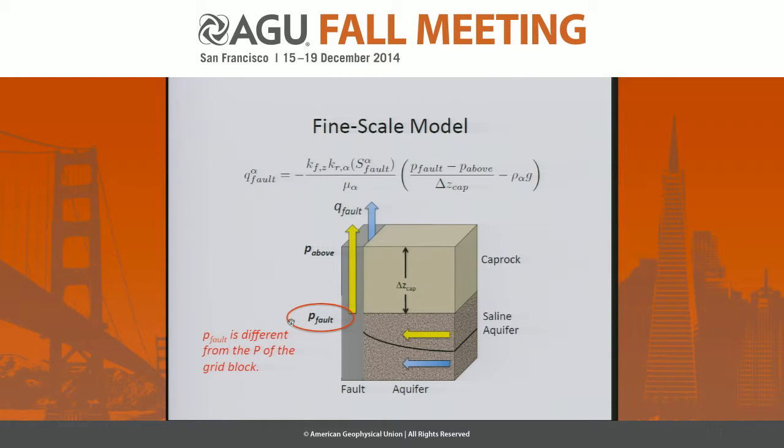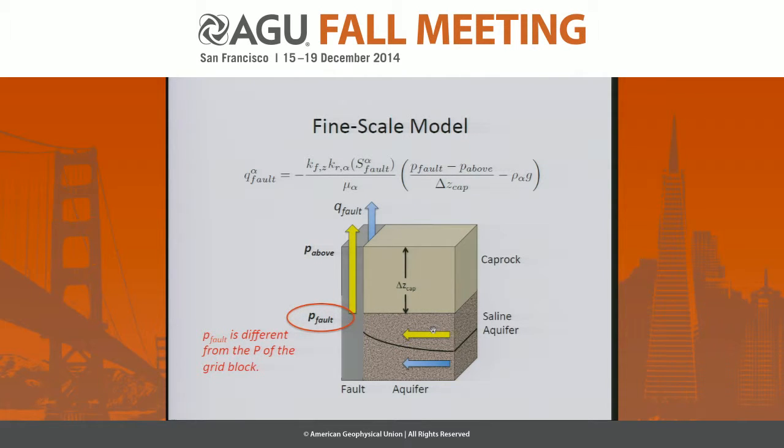So again, an important quantity that we want to quantify is the leakage rate. So this is the two-phase flow extension of Darcy's law. And so we have brine and CO2. And so we want to know the leakage rate through here. So what's driving this is the pressure of the fault, pressure right here.